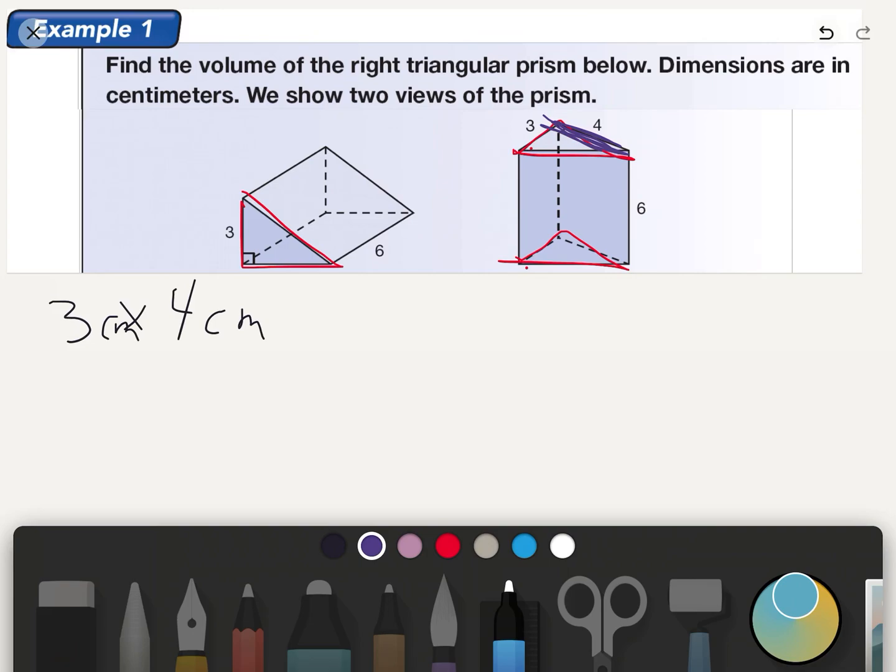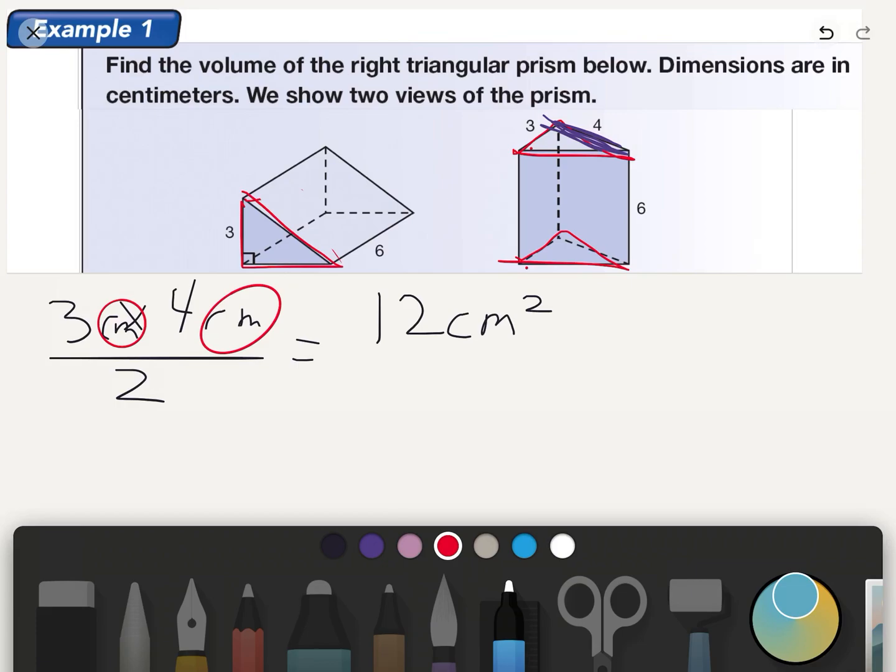And since this is a triangle, we're not looking at this whole kind of square there. So we are going to divide the result by 2, giving us 12 centimeters squared, because we multiply our units, divided by 2, equals 6 centimeters squared.